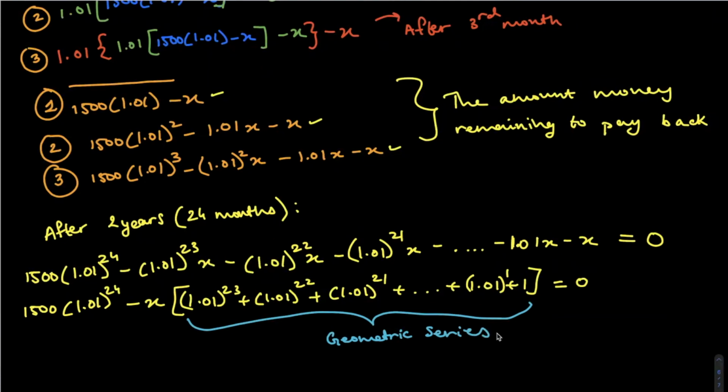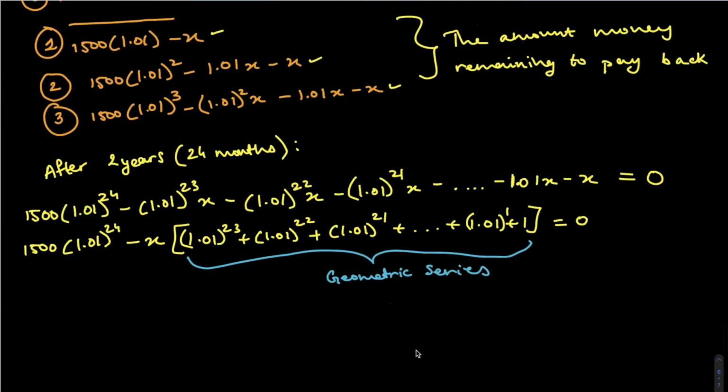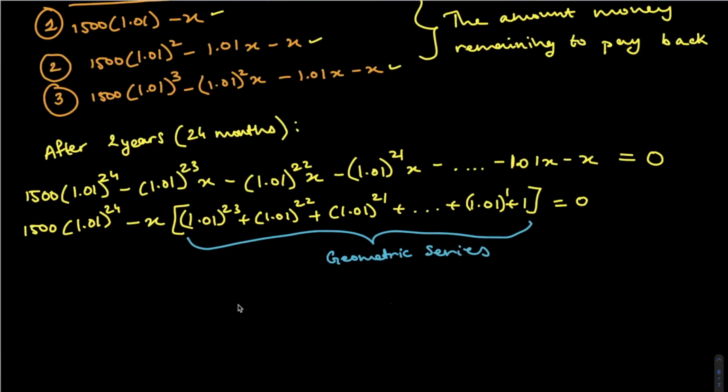Now we just have to use the geometric series formula, and then we'll have a definite value here, and then we can just solve for x, and we'll have our answer.